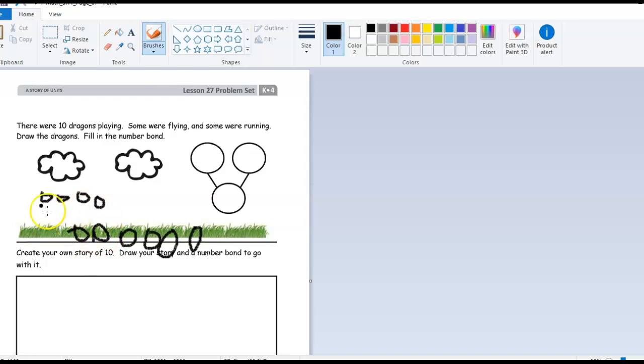So these are my 10 dragons. I have some that are flying in the sky and I have some that are running on the ground. But you can draw your own dragons flying in the sky and running on the ground. Make sure you count how many you have all together to find what your whole is and then fill it in your number bond.